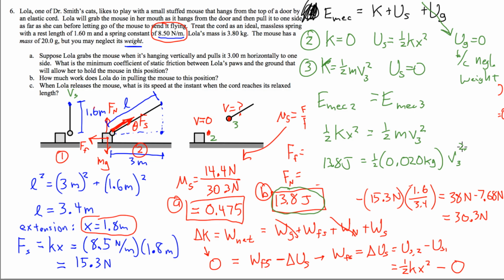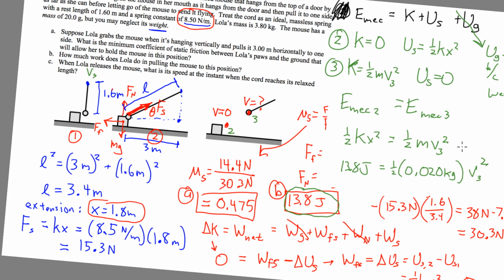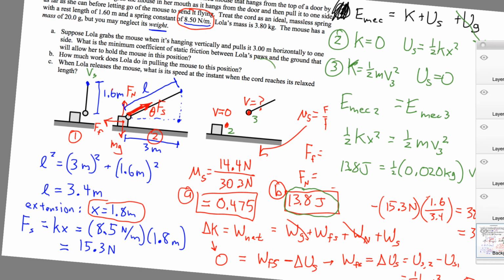Okay, so the mouse is going about 37 meters per second, which, oh god, I hate that. Oh, I don't know what to do now. This is so obnoxious. I don't even know what's going on here anymore.